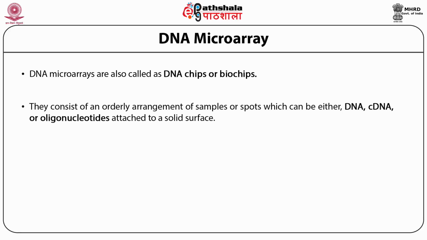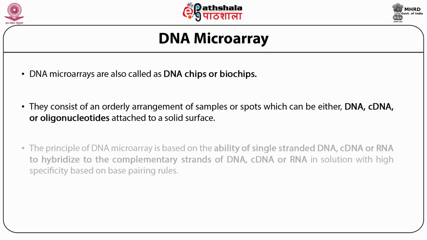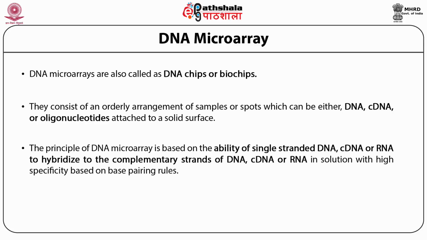They consist of an orderly arrangement of samples or spots which can be either DNA, cDNA, or oligonucleotides attached to a solid surface. The principle of DNA microarray is based on the ability of single-stranded DNA, cDNA, or RNA to hybridize to the complementary strands of DNA, cDNA, or RNA in solution with high specificity based on base pairing rules.